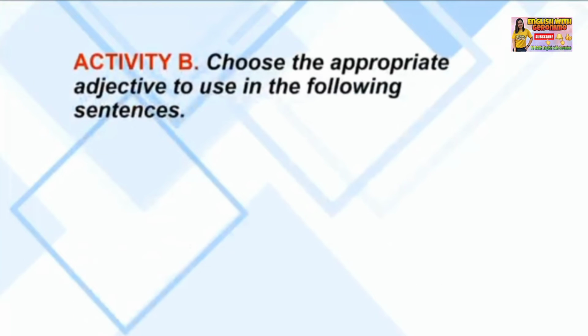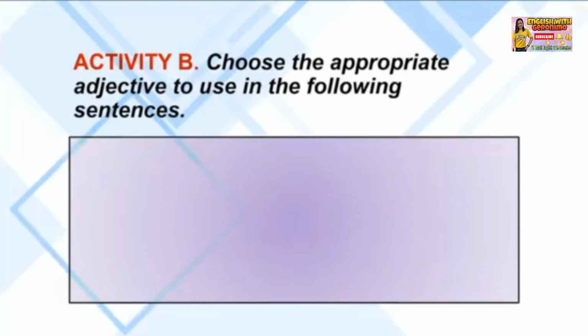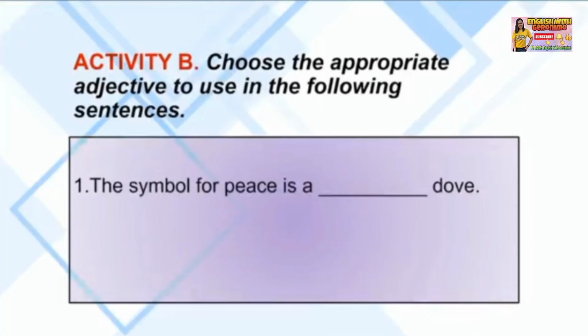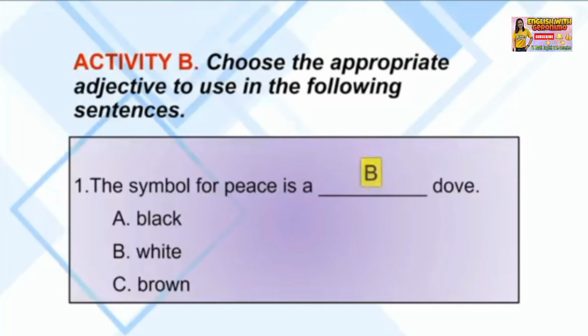Let's have the next activity. Activity B. Choose the appropriate adjective to use in the following sentences. Number 1. The symbol for peace is a blank dove. A. Black. B. White. C. Brown. Correct answer is B. White.